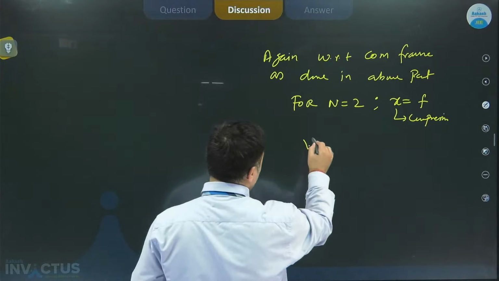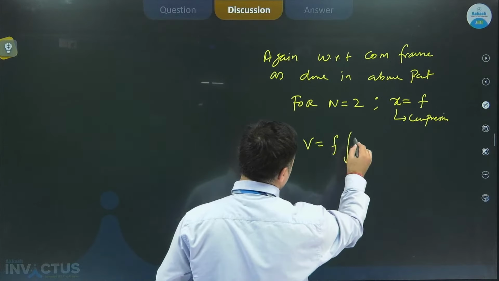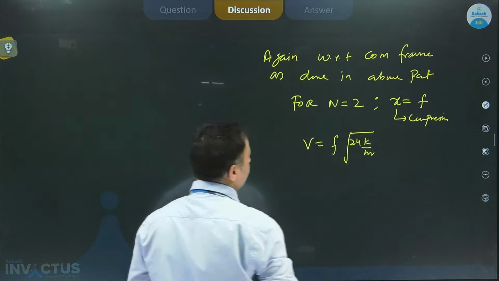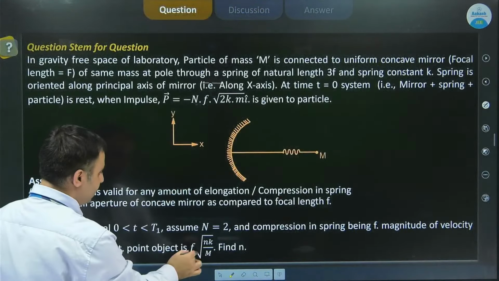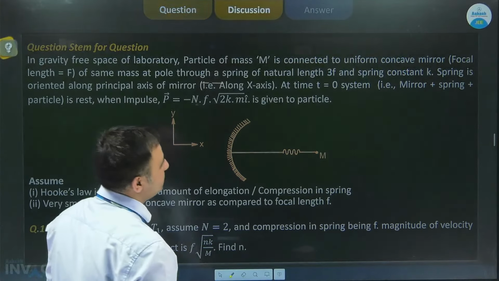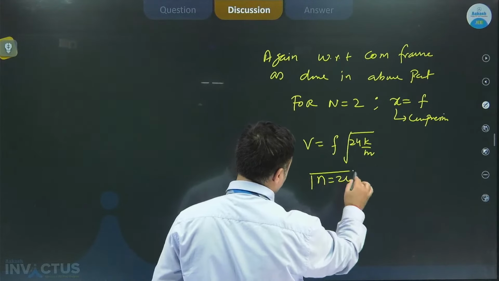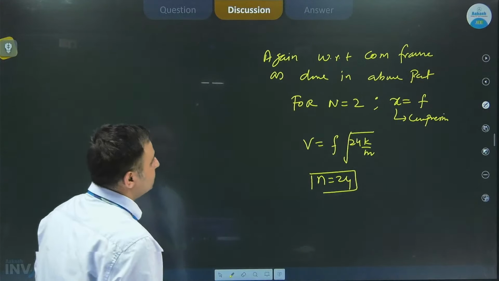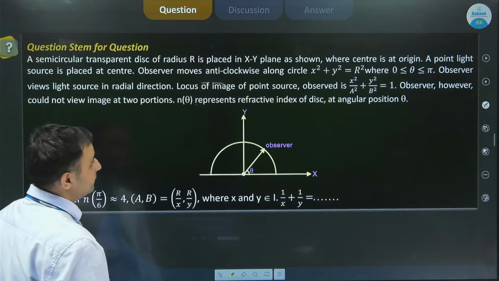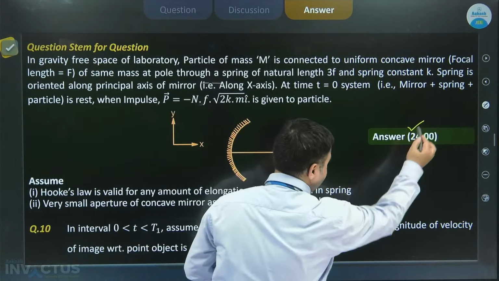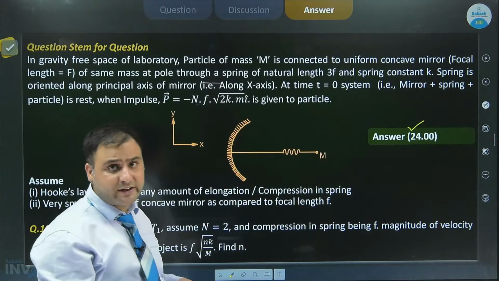So that comes out to be F under root 24 K by M. Now what we have to find? We have to find the value of the small n. So this small n will come out to be 24 for the second part. So n comes out to be 24 for the second part. Now let's move on to the next question.